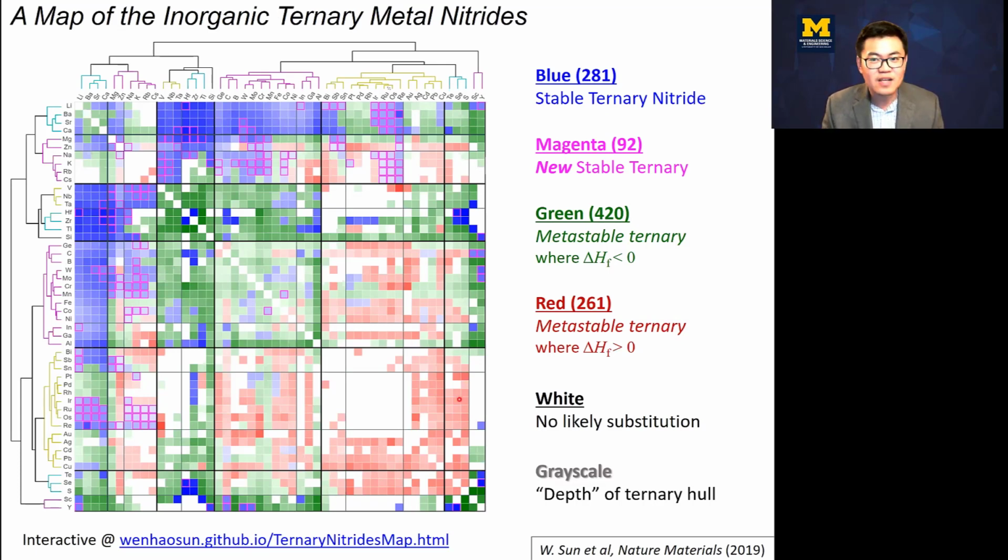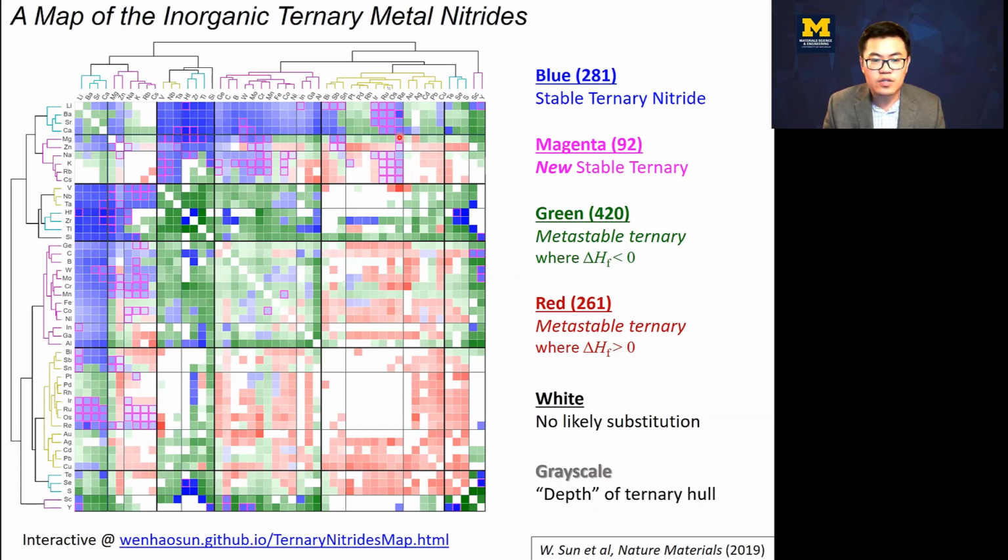This is very overwhelming, actually, when you first look at it. But the more time you spend looking at it, you can start to see some trends appear. Okay, so blue, first of all, blue means that you have a stable ternary nitride there. If we look at this map, a lot of this region is blue, which is stable ternary nitrides. And then we see a predominantly green region, which corresponds to negative formation energy, but metastable. And then we see a region of red, which really is just unstable ternary nitrides.